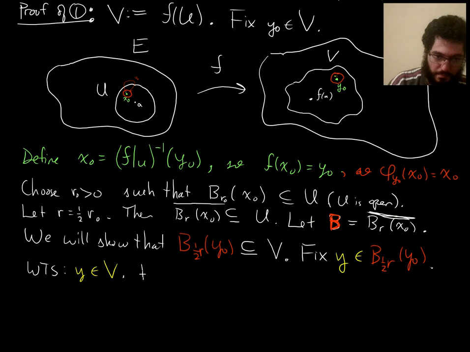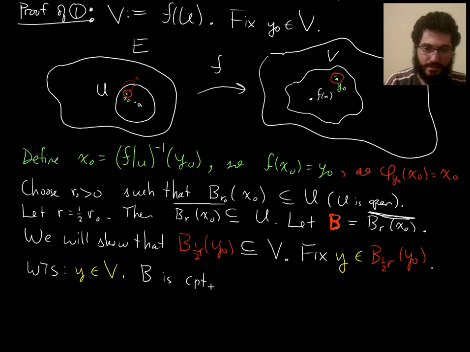So B, well, B is the closure of a ball, right? So that means it's bounded. You know, it can be fit inside a larger ball. It is a bounded set, and it's the closure of something. So it is also closed. So B is closed and bounded. By the Heine-Borel theorem, B is compact, because we're talking about subsets of Rn here.